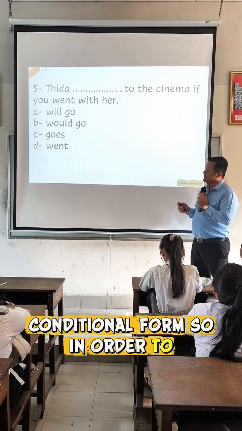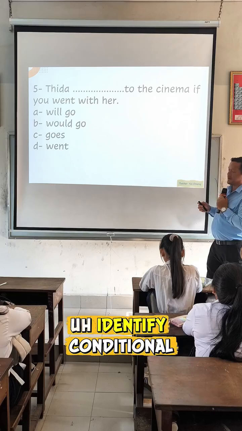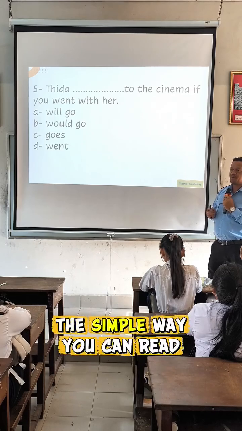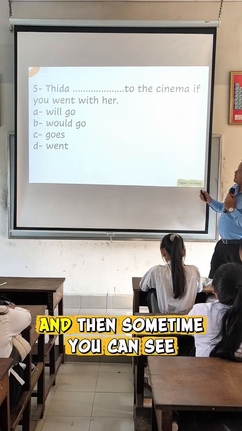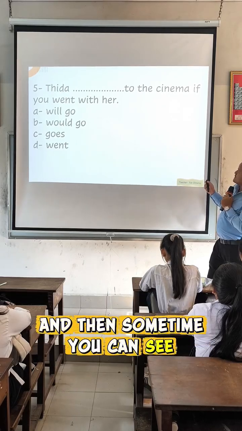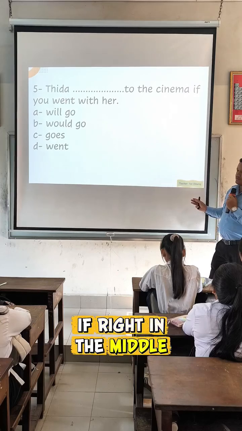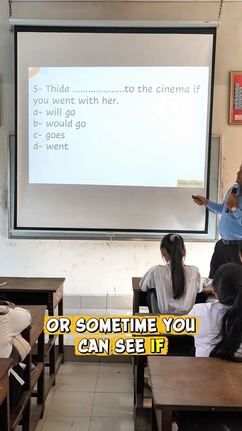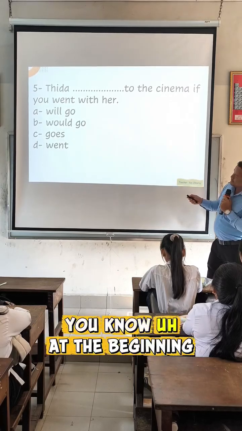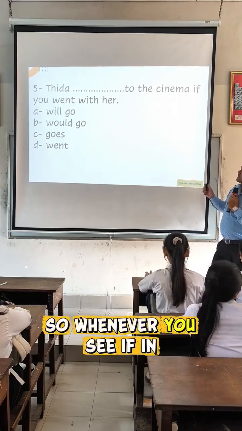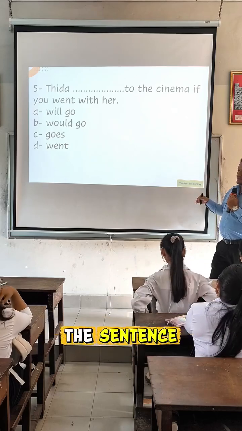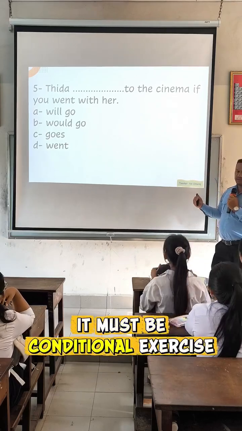To identify a conditional, there's a simple way. You can read the whole sentence, and sometimes you can see if in the middle, or sometimes at the beginning of the sentence. Whenever you see if in the sentence, it must be a conditional exercise.